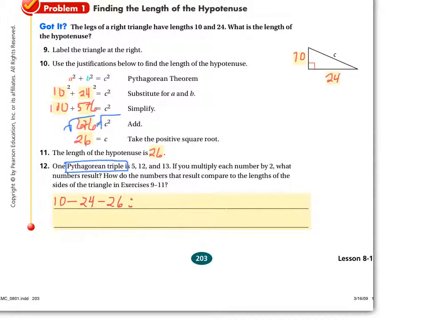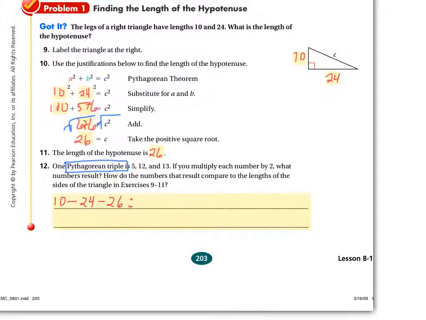Compare that to the lengths of the triangle above. How do they compare? 10, 24, and 26. How do they compare? They're identical, aren't they?